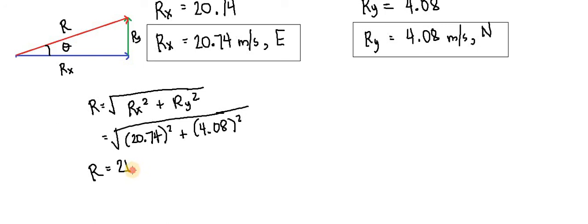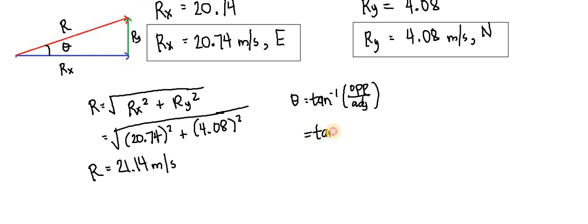21.14 meter per second. Okay, that is now the magnitude. For you to find the value of your theta and the direction, we'll have theta is equal to the tangent inverse of the opposite side over the adjacent side, which is the tangent inverse of your r sub y, opposite, over your r sub x, adjacent.